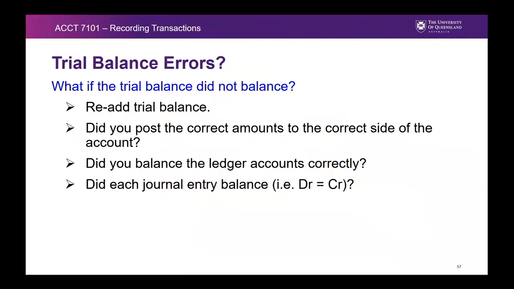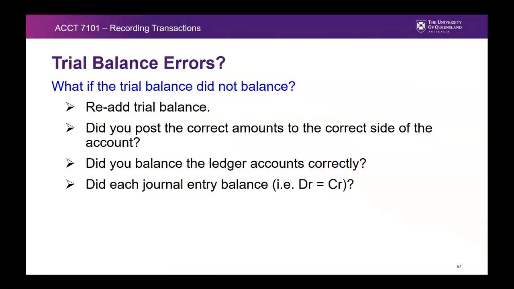Then did you balance? If you've posted to the correct side, debit and credit, then the other thing to do is to re-add all the ledger accounts. So take all the debits and all the credits and subtract them from each other, and check that your closing balances are correct. So that's another thing to do.